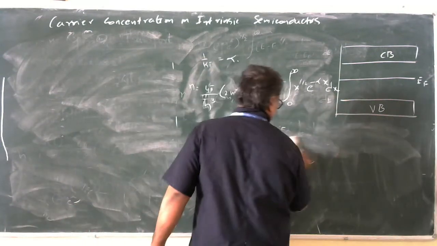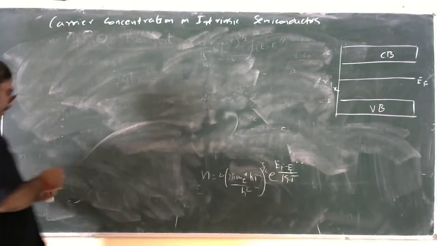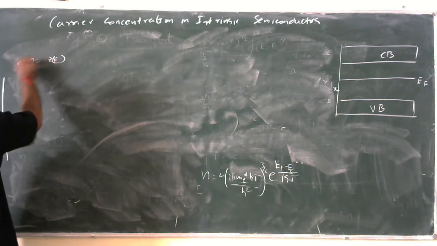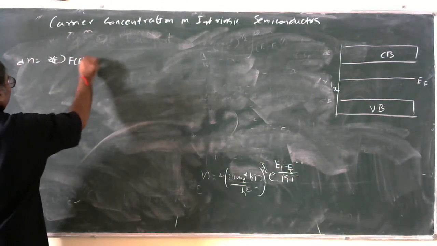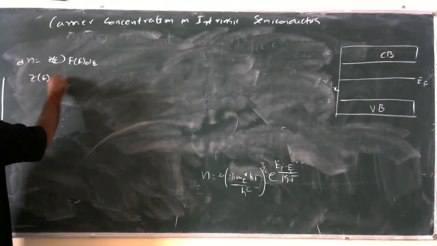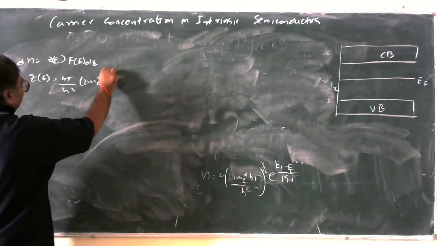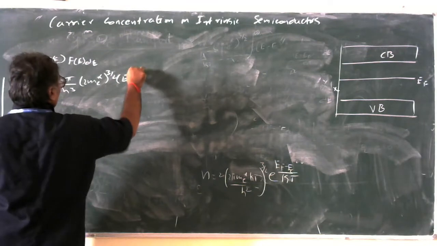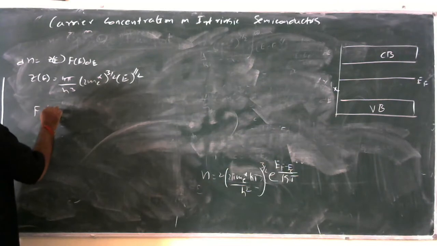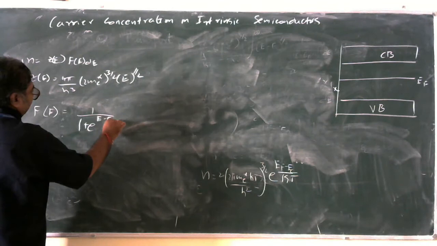n = ∫ Z(E) f(E) dE. This is the equation we have taken. So the equation is n = ∫ dn = ∫ Z(E) f(E) dE, where Z(E) we assumed as 4π/h³ (2m*)^(3/2) E^(1/2). And f(E) we have assumed as 1/(1 + exponential of (E − EF)/kT).